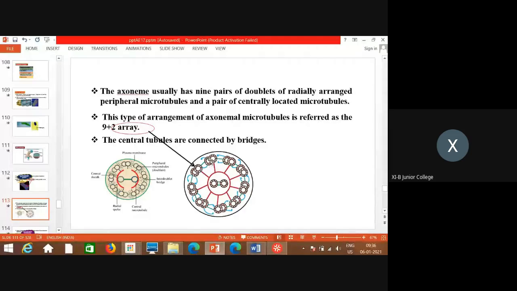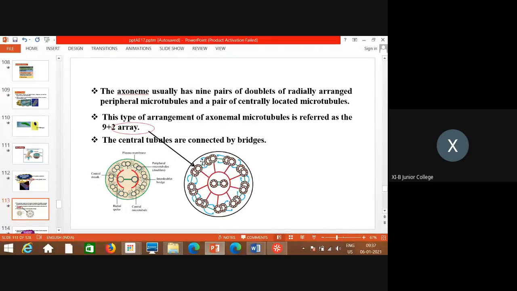Now you can see here, these are the doublet peripheral ring-like structures. These are the doublet microtubules. This is a single microtubule. This is another microtubule. Two are joined. So the doublet form of microtubules is arranged at the peripheral region, and these are single microtubules present at the center. These two are connected to each other by microtubular bridges.